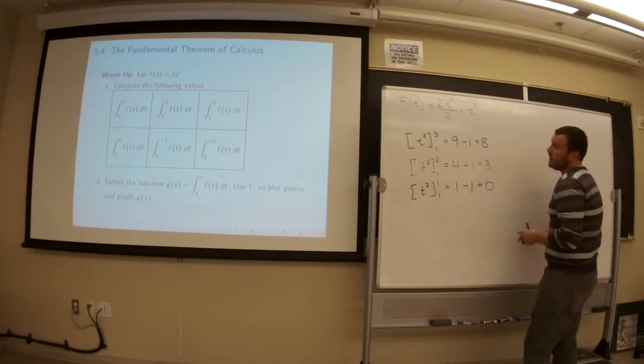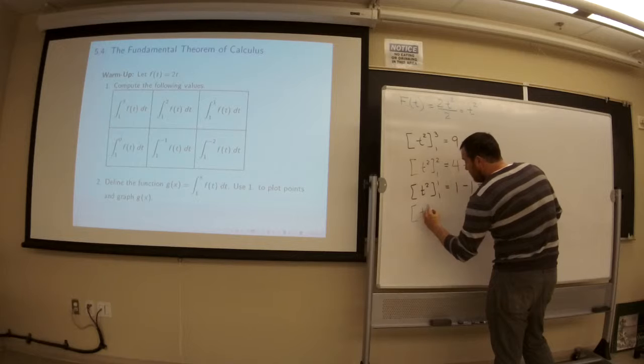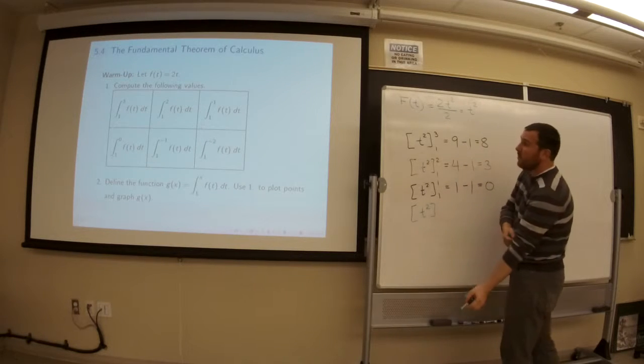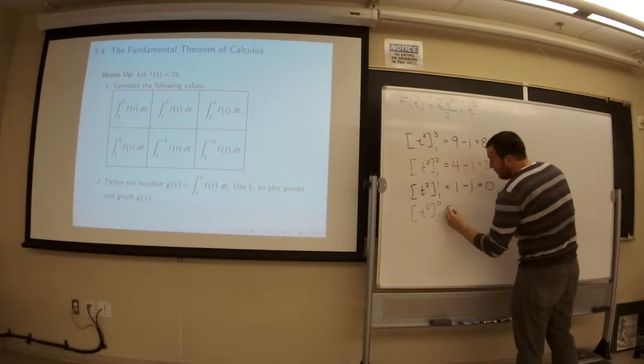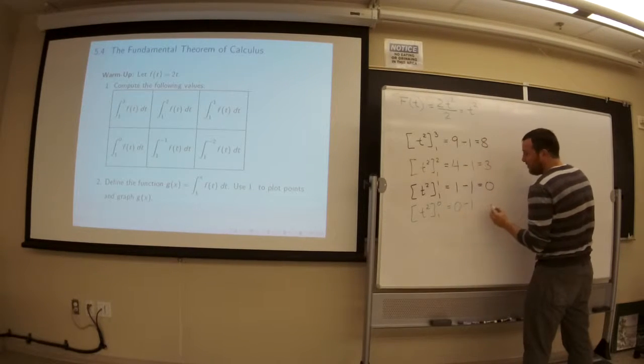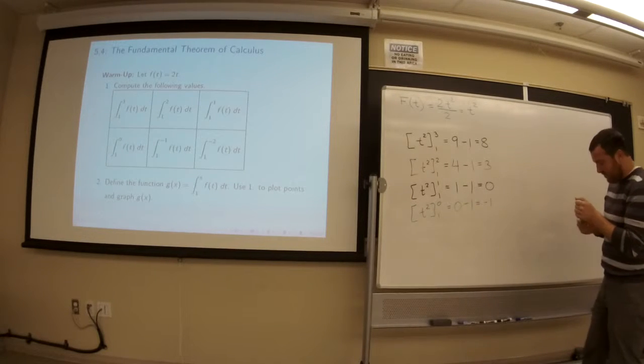All right, and then our fourth one is the integral from 1 to 0, so we'll evaluate our antiderivative from 1 to 0. Plug in 0, we get 0, minus when we plug in 1, we get 1. So that'll be negative 1 for that fourth one.